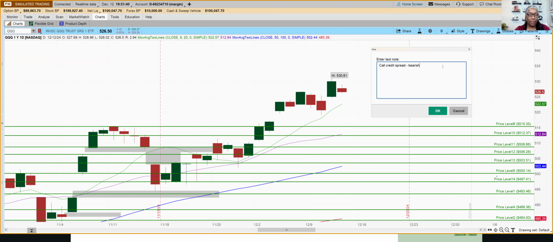Call credit spread is a bearish trade, Elisa, and we're expecting price to go down. It's a call credit spread, which is much like covered calls. Expecting price to go down or at least stay below your sell strike.